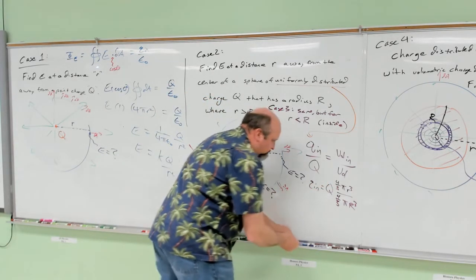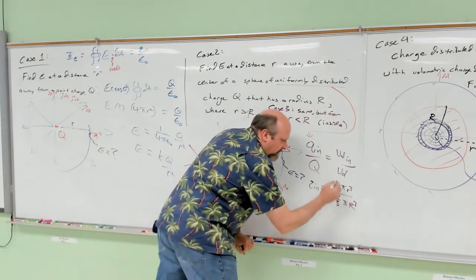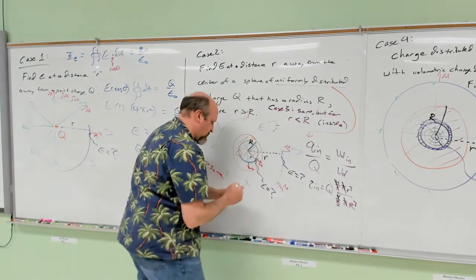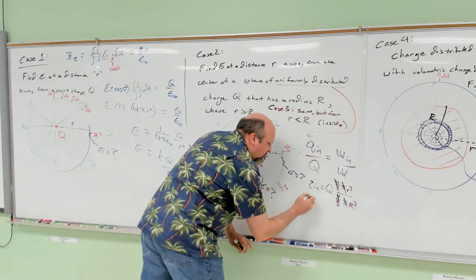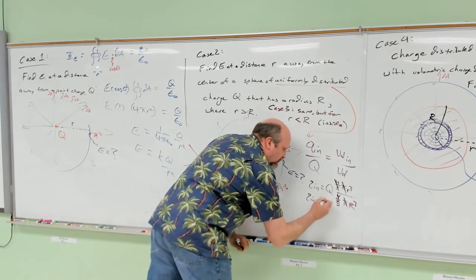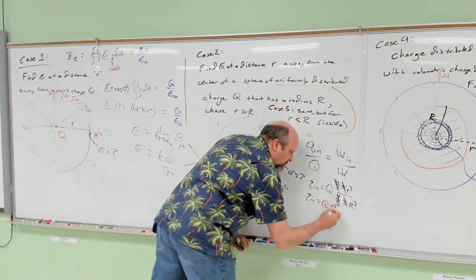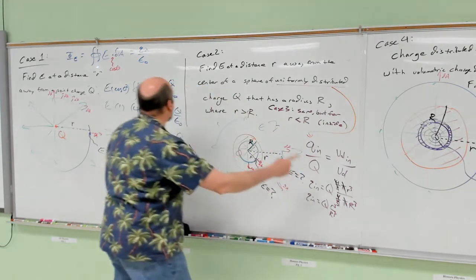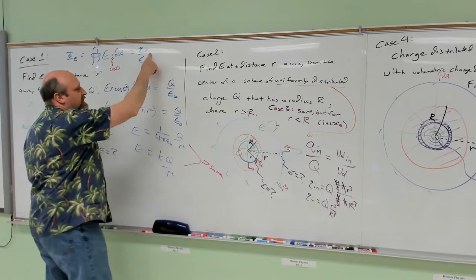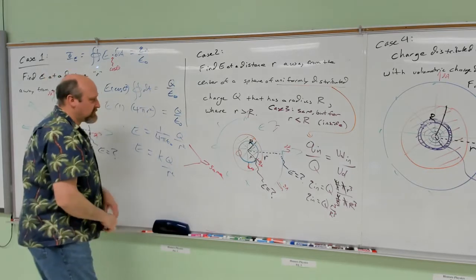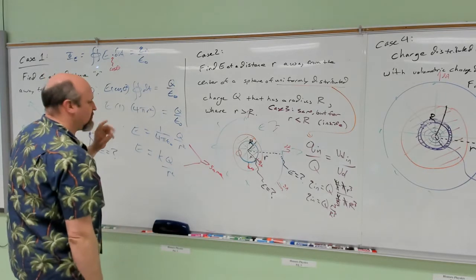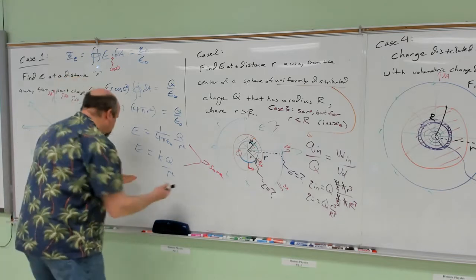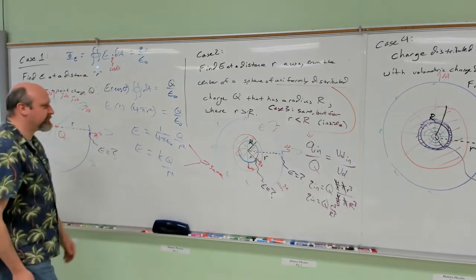So I can see that 4/3 pi will cancel, and so the q that's inside my bubble will be big Q, little r cubed over big R cubed. So this is what's going to go in here for Q in, in the calculation. And if I do that, am I really going to squeeze into this bottom part here?